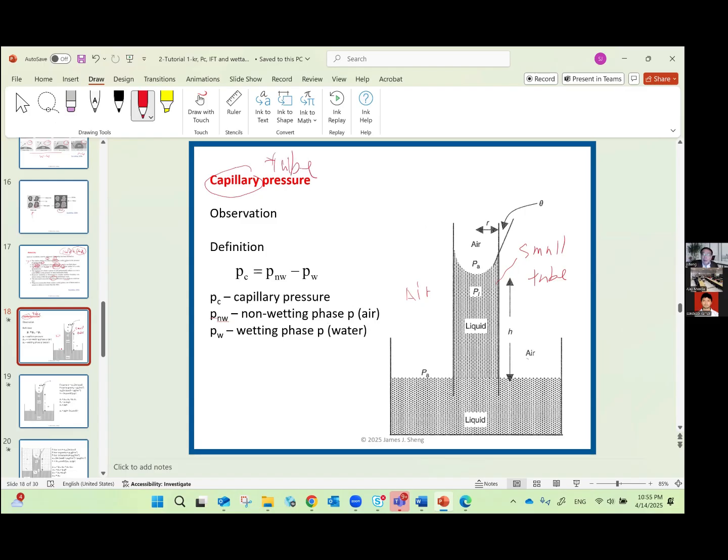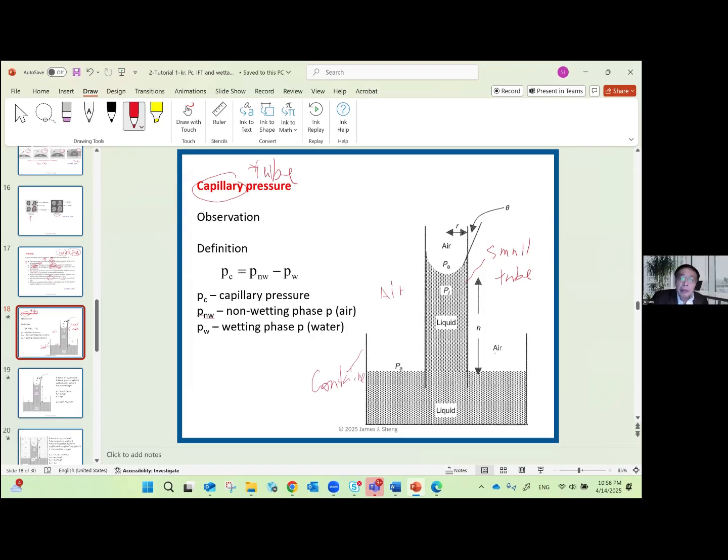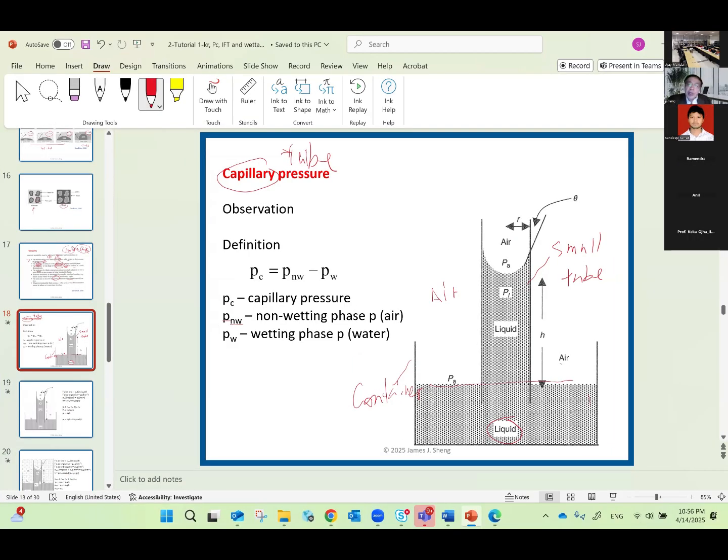Then here is a container, like a cup, and in the cup we pour water, for example. What we found is that when you insert a small capillary tube in the water, the water goes up along the capillary tube.